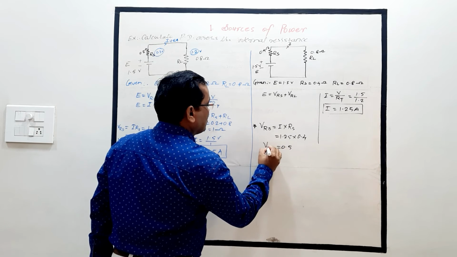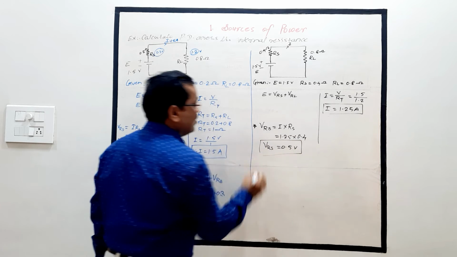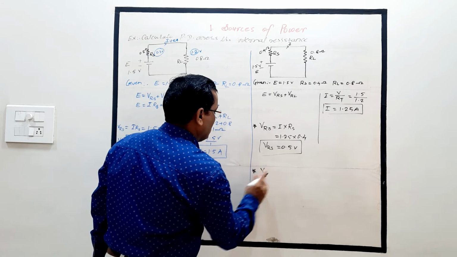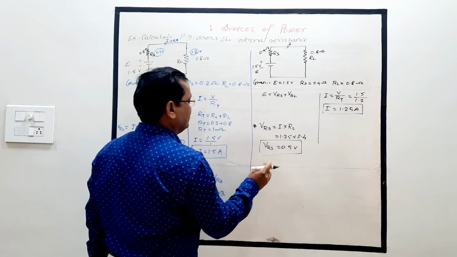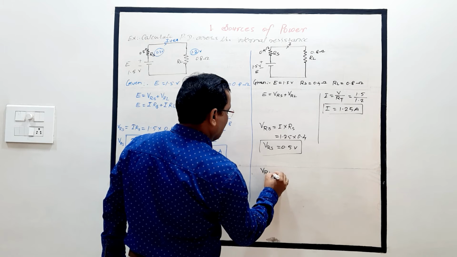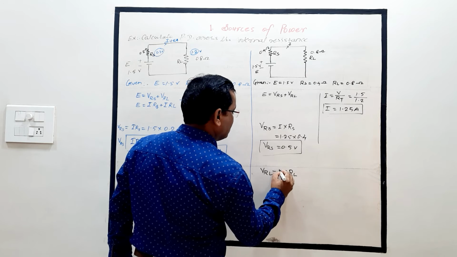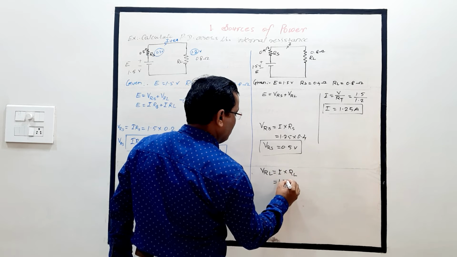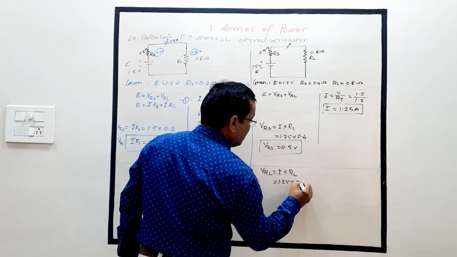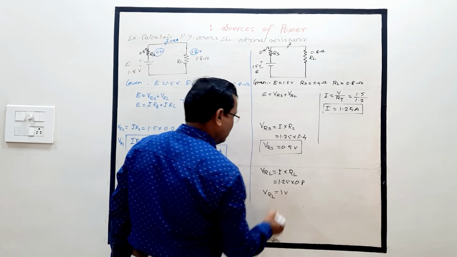Voltage across RS is 0.5 volt dropped. Then voltage across RL is equal to I into RL. I is 1.25 into 0.8, that gives 1 volt voltage across RL.